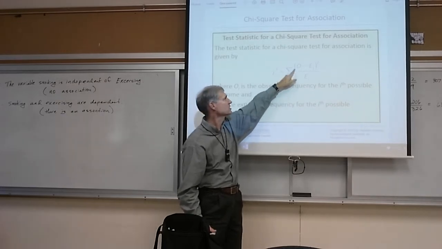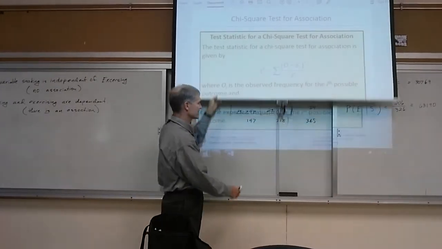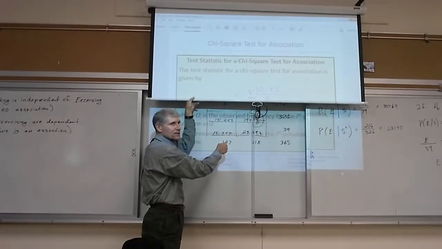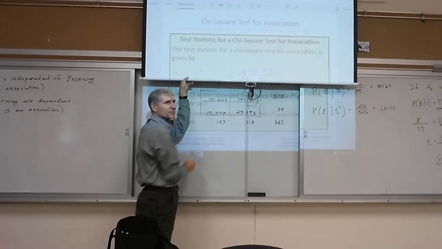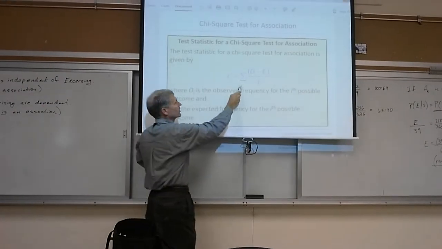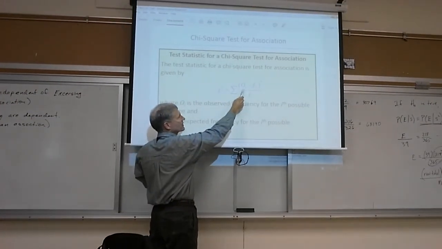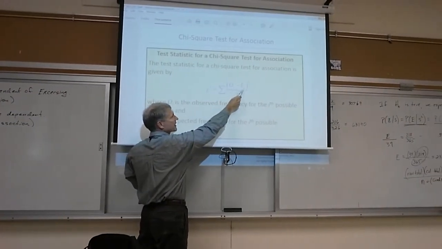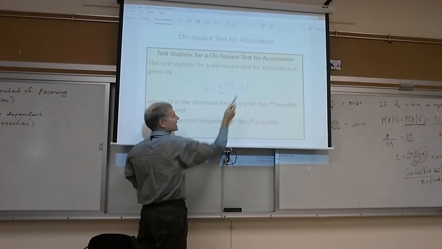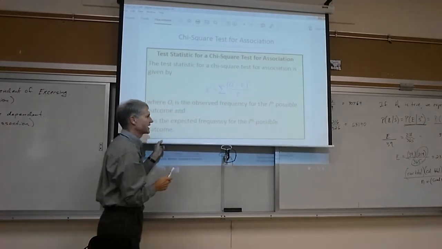Summation. So this means sum over all of the cells of the table. So I've got 4 things to sum up. Sum those 4 things, the observed value minus the expected value, square that, and then divide by the expected value.